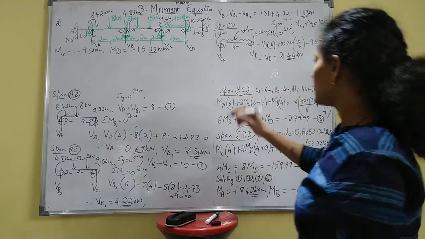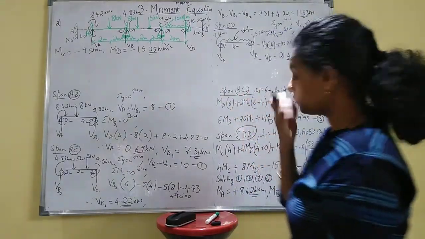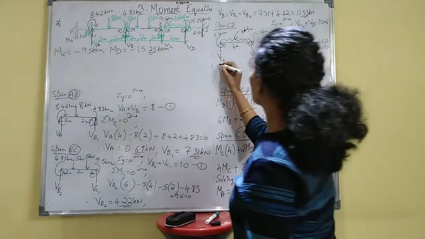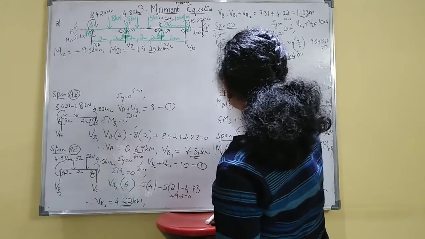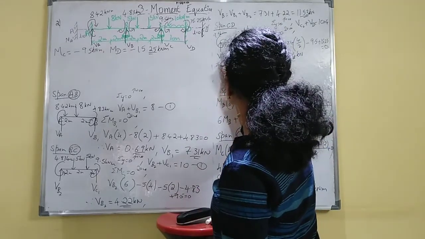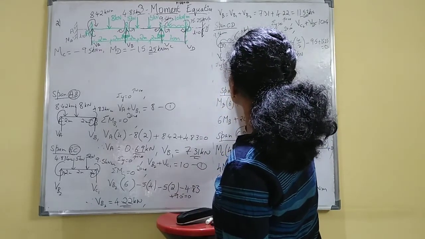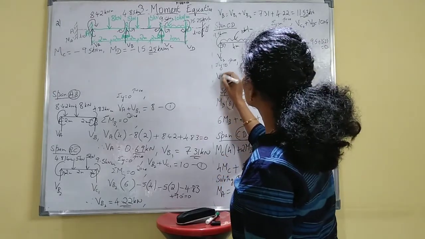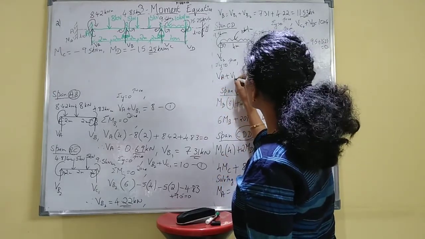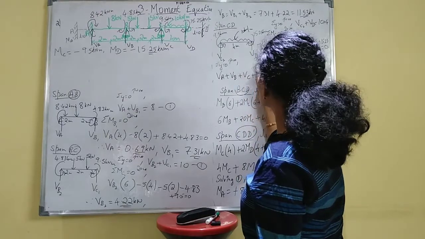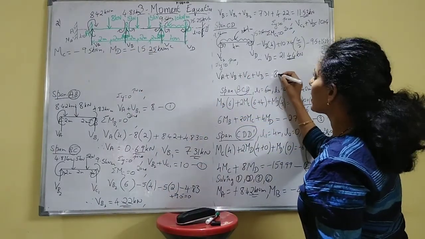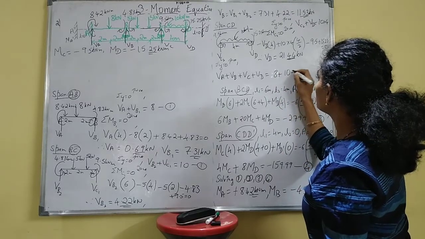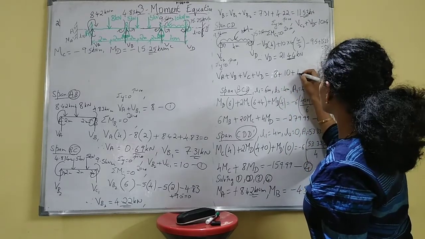kilonewton. Next, now the unknown is VC. So you can take summation y equal to 0 for the whole problem, upward as positive. So you have VA plus VB plus VC plus VD which is equal to, write all the loads, that is 8 plus 5 plus 5, 10, plus 10 into 4, that is 40.